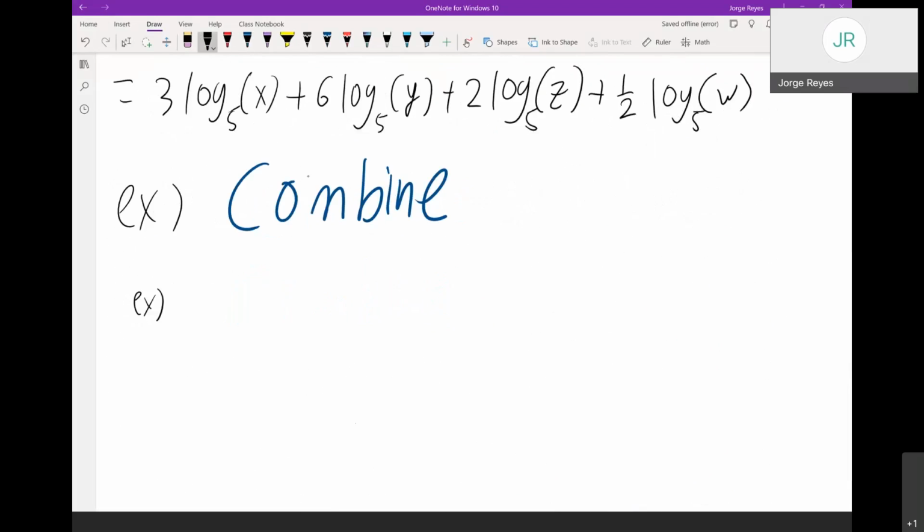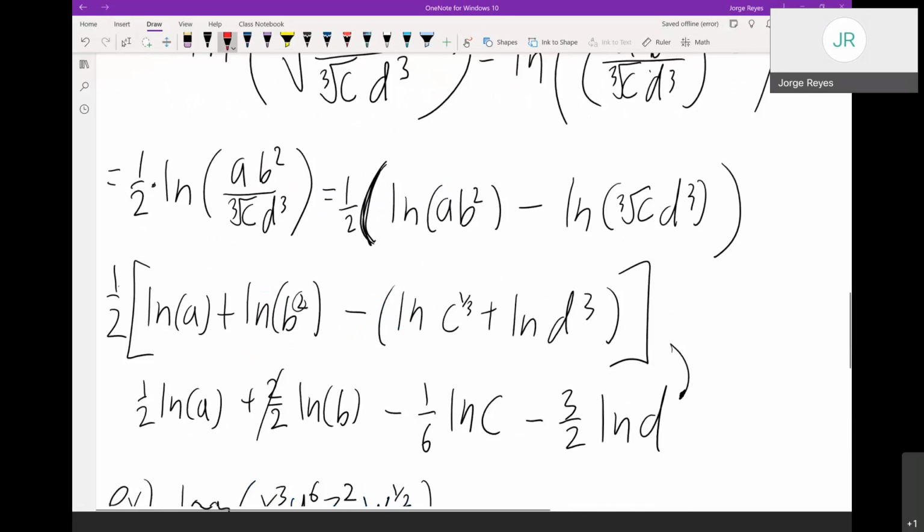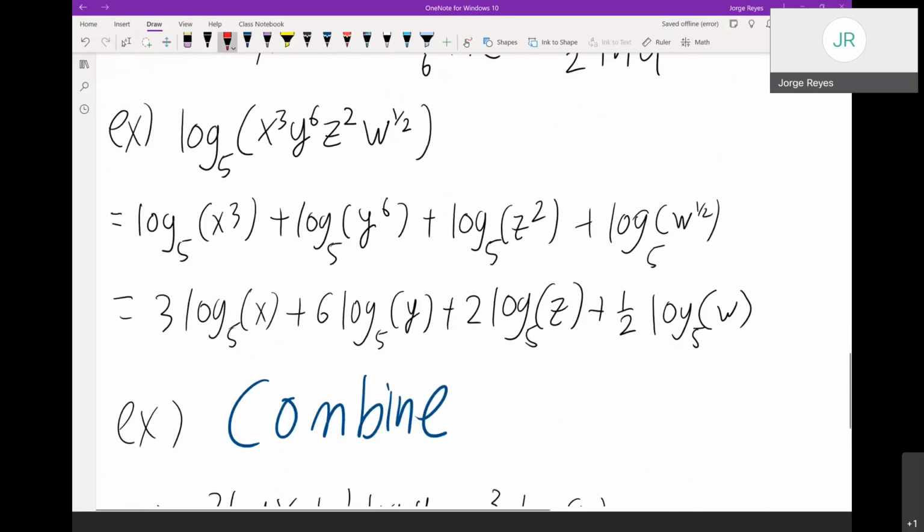I give you 3 log x plus 1/2 log y minus 3/2 log z. All right, and with this one, you pretty much just do everything in the opposite order that we just did. Okay, we're basically undoing all of the steps that we would do in an expand problem.